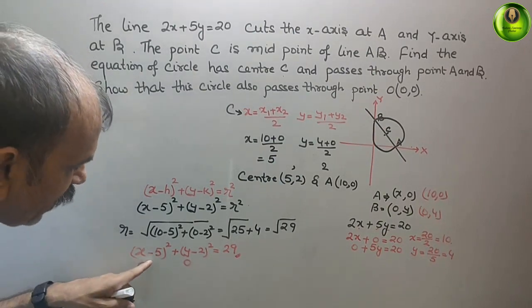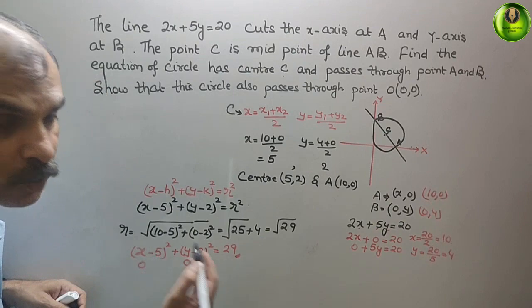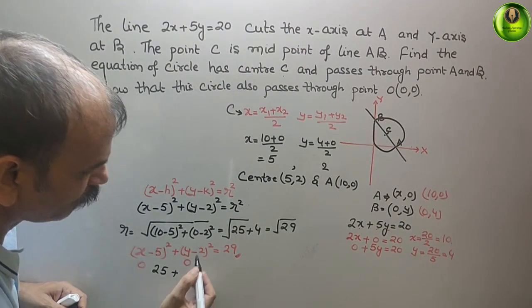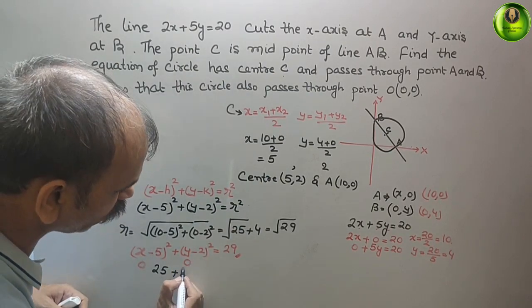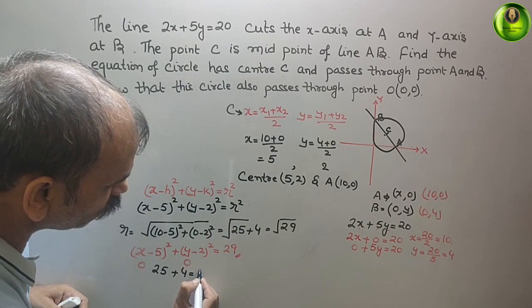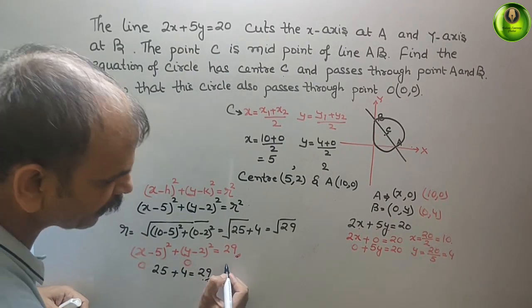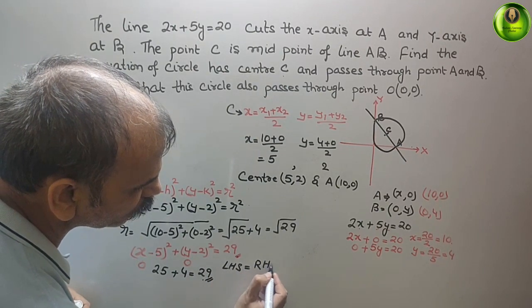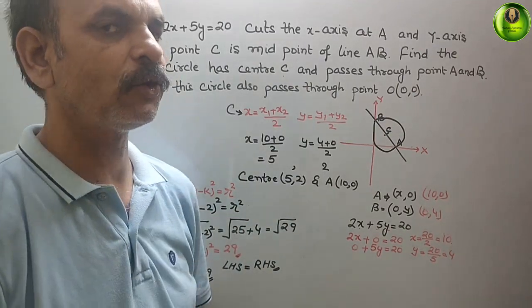So (0 - 5) whole square is 25, plus (0 - 2) whole square is 4, so this is equal to 29. So 29 is equal to 29. Therefore LHS is equal to RHS. Hence proved. So like this we have to do it.